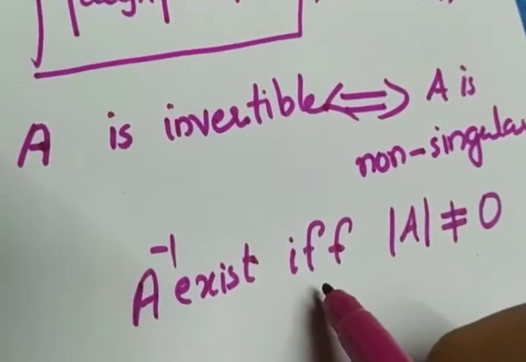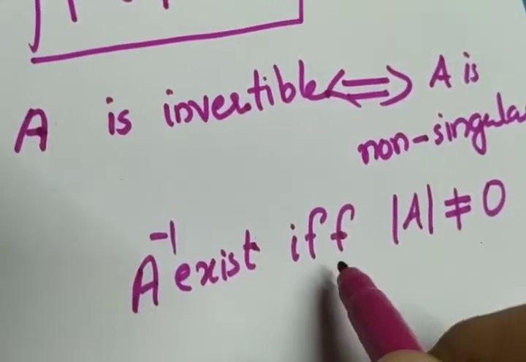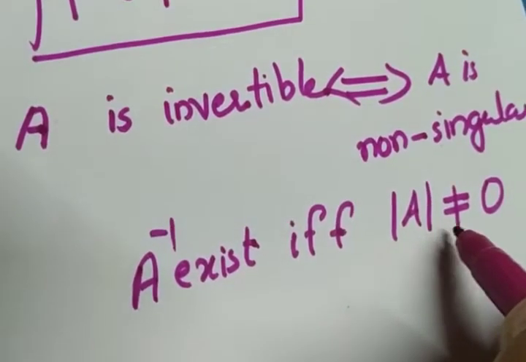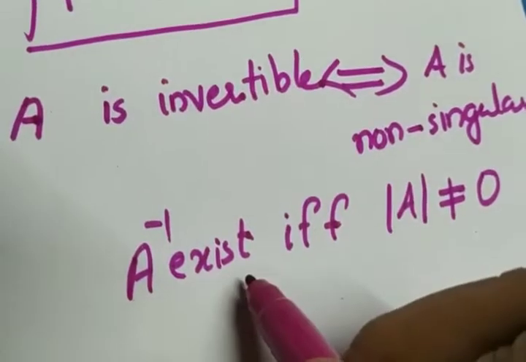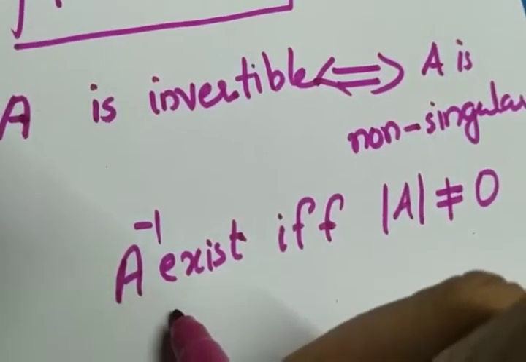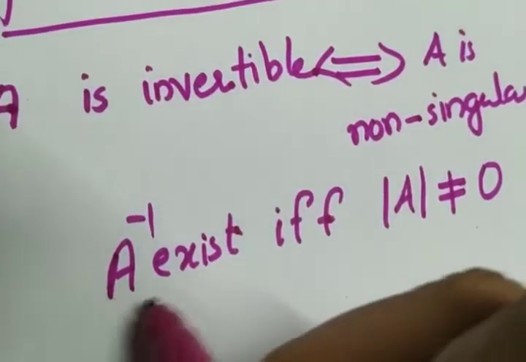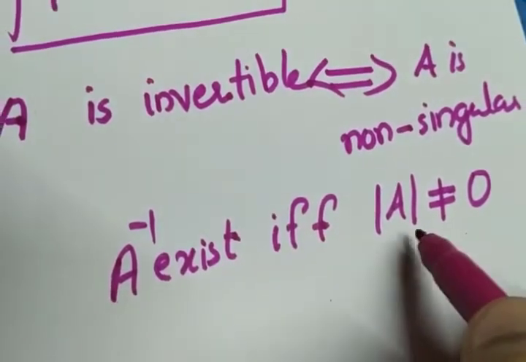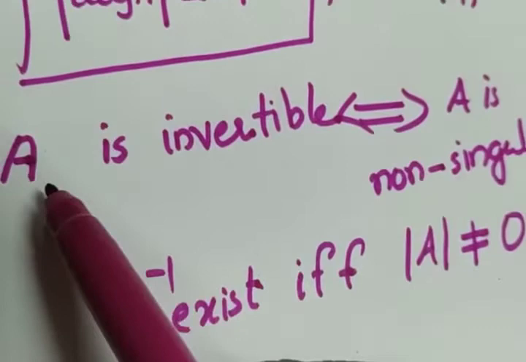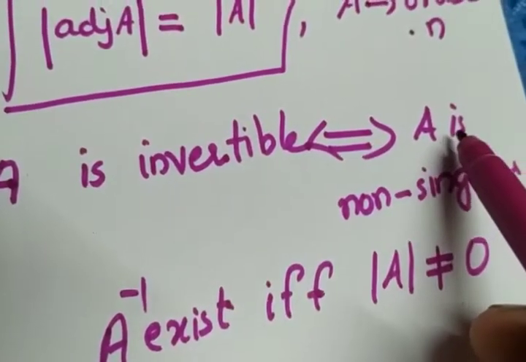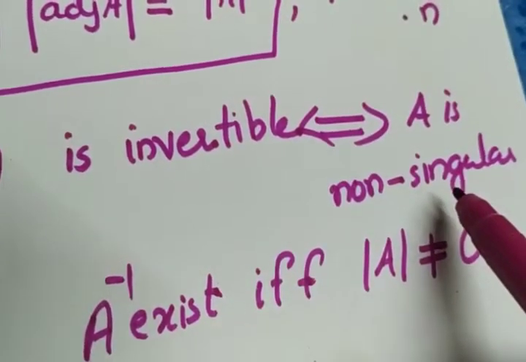What do you mean by if and only if? A inverse exists if determinant A is not equal to 0, and in the reverse way, if A inverse exists, determinant A is not equal to 0. Those two sentences can be clubbed and said like that. The theorem states that A is invertible if and only if A is a non-singular matrix.